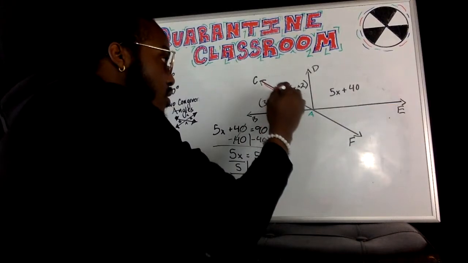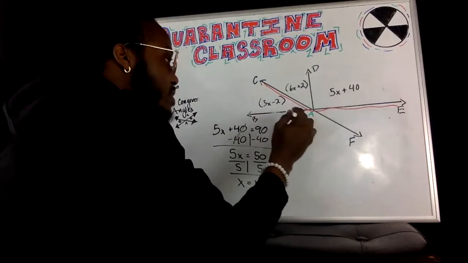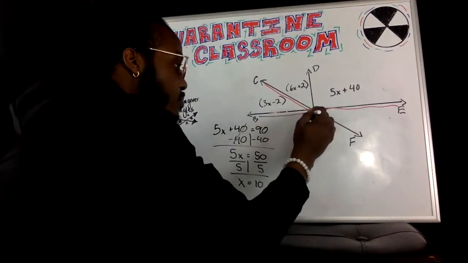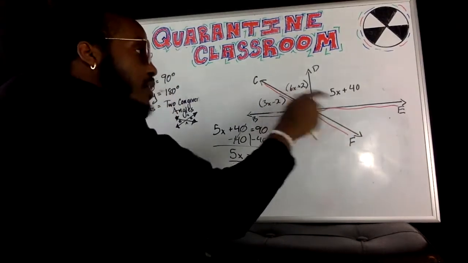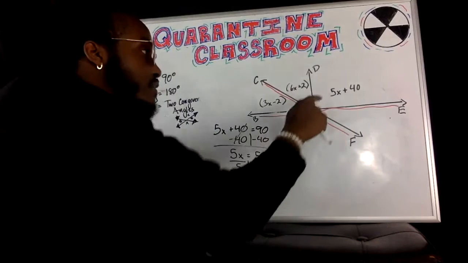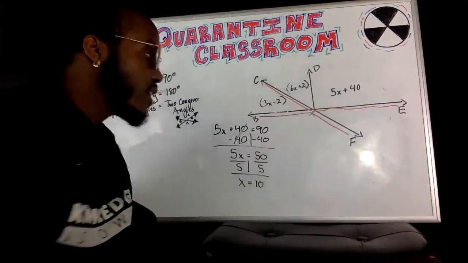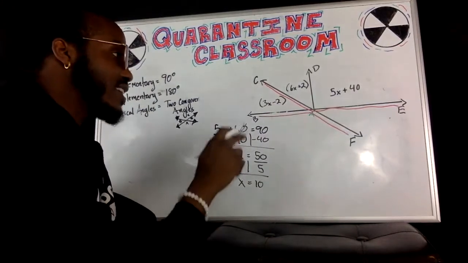So angle CAE is equivalent to BAF. And in order for me to find how much CAE is, I need to first find the value of DAE and then DAC. So I already found the value for DAE.